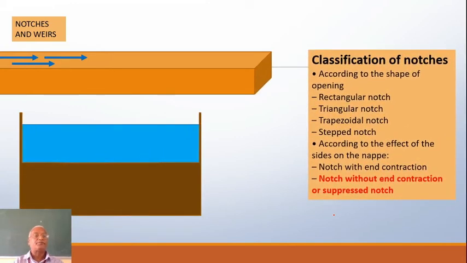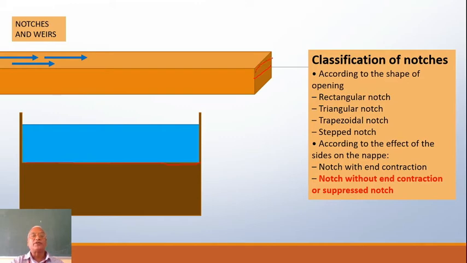Look at that. This is the side of the channel, but the crest length is equal to the width of the channel itself. Because of that there is no end contraction. So here if you see, the water will be flowing right up to this width.